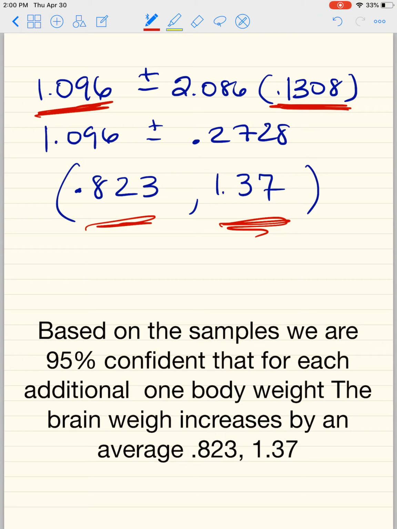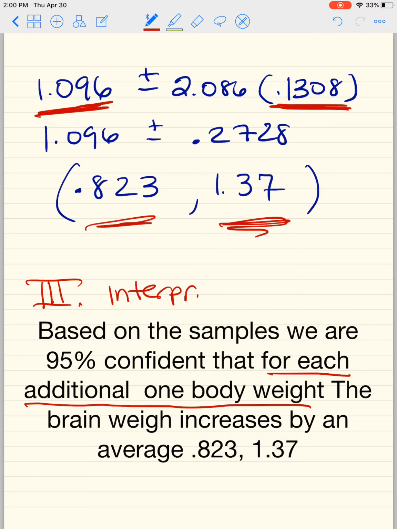Step three, our conclusion or our interpretation. Based on these samples, now remember, all you are doing is interpreting the slope, but over a range of plausible values. So based on these samples, we're 95% confident that for each additional one body weight, do you guys remember what one body weight is? For each x, body weight is x.